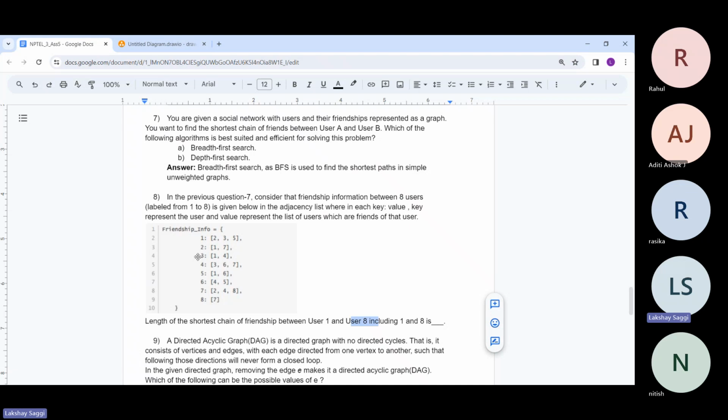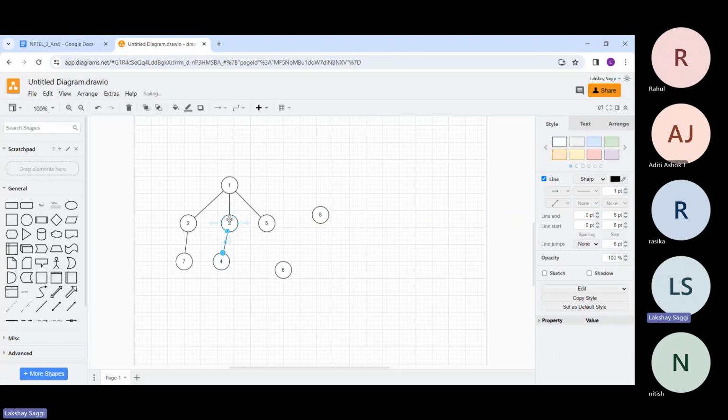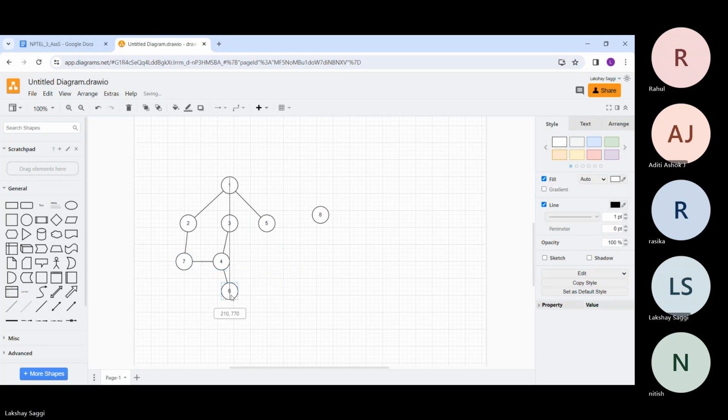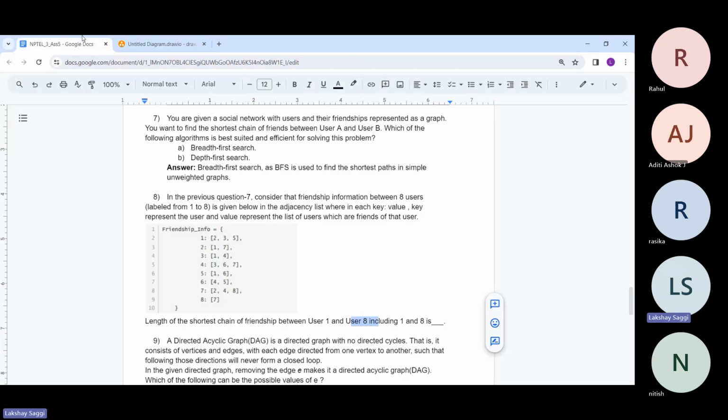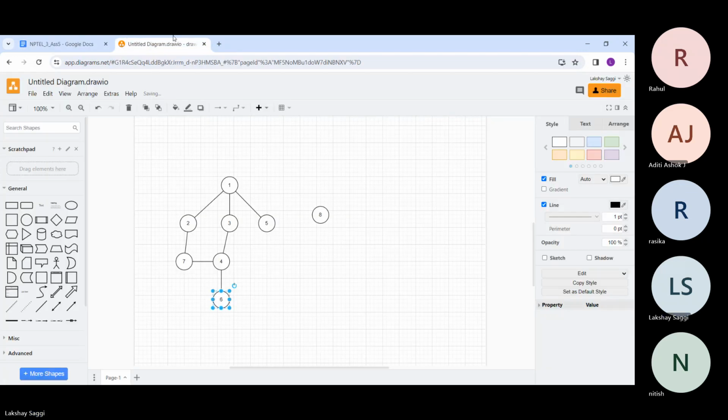Then we are given that 4 is friends with 3, 6, and 7. So 4 is friends with 3, we already have this. It's also friends with 6, and 4 is friends with 7 also. Something like this. We also know that 5 is friends with 1 and 6.